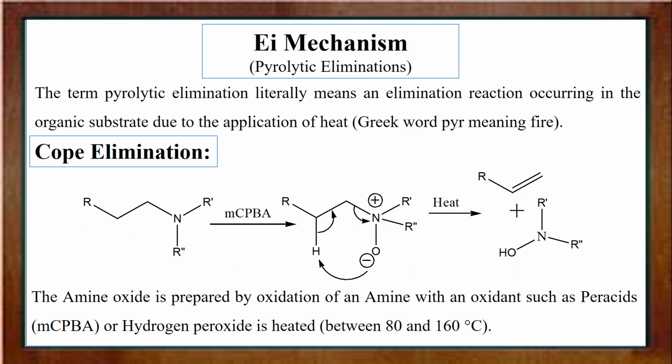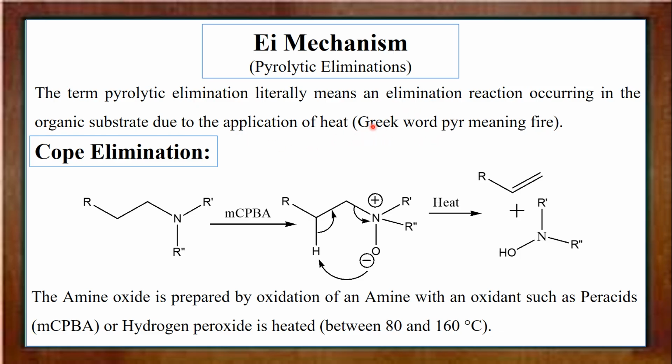Finally, we are going to discuss the last type of beta elimination reaction. This is called intramolecular elimination, and this is a pyrolytic elimination. The term pyrolytic elimination means an elimination reaction taking place in an organic molecule by the application of heat.